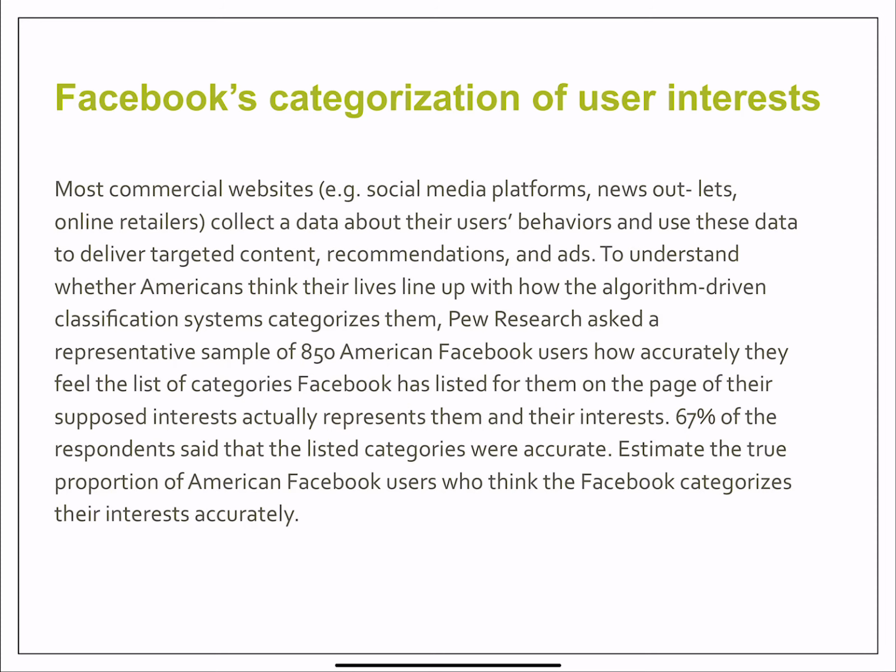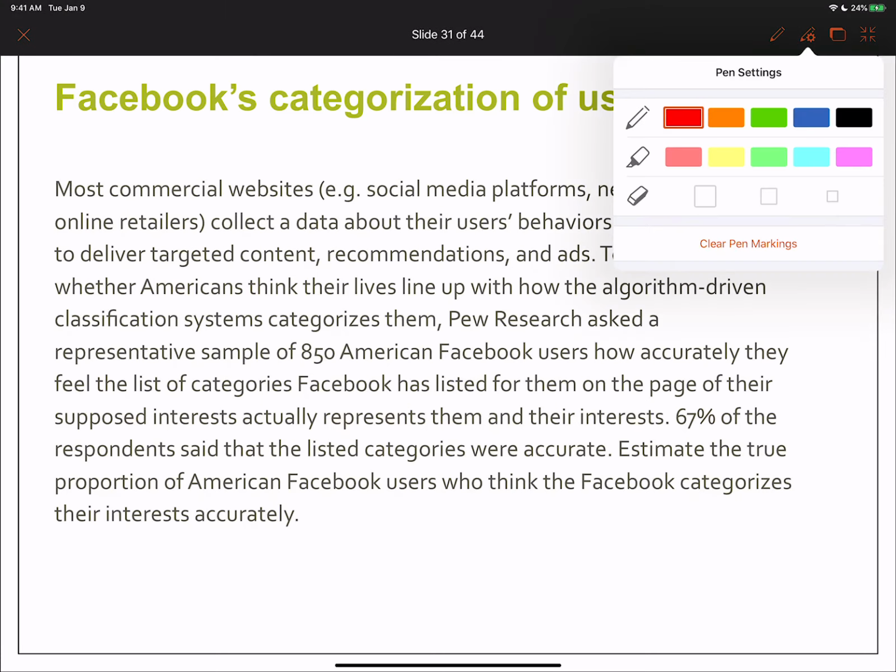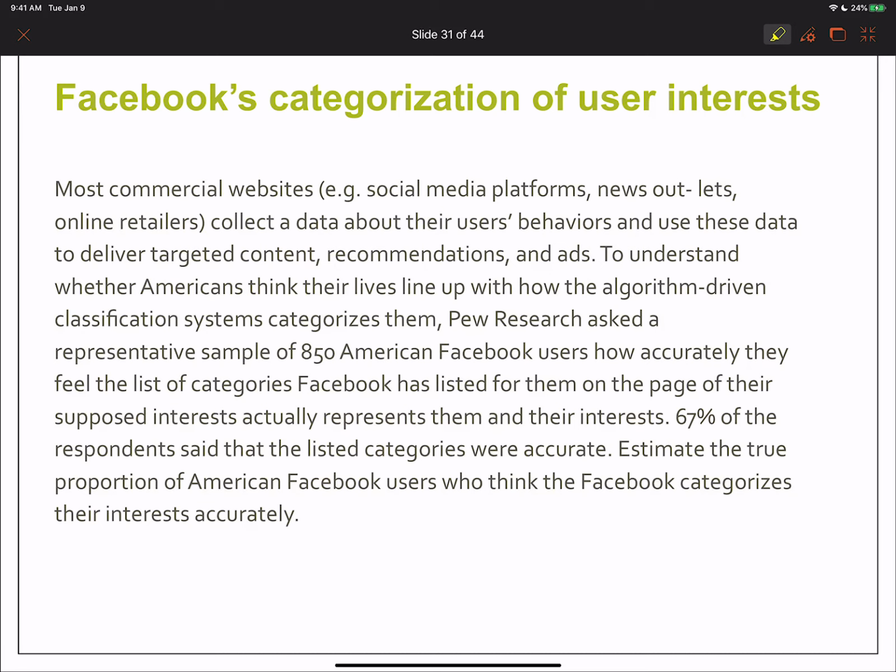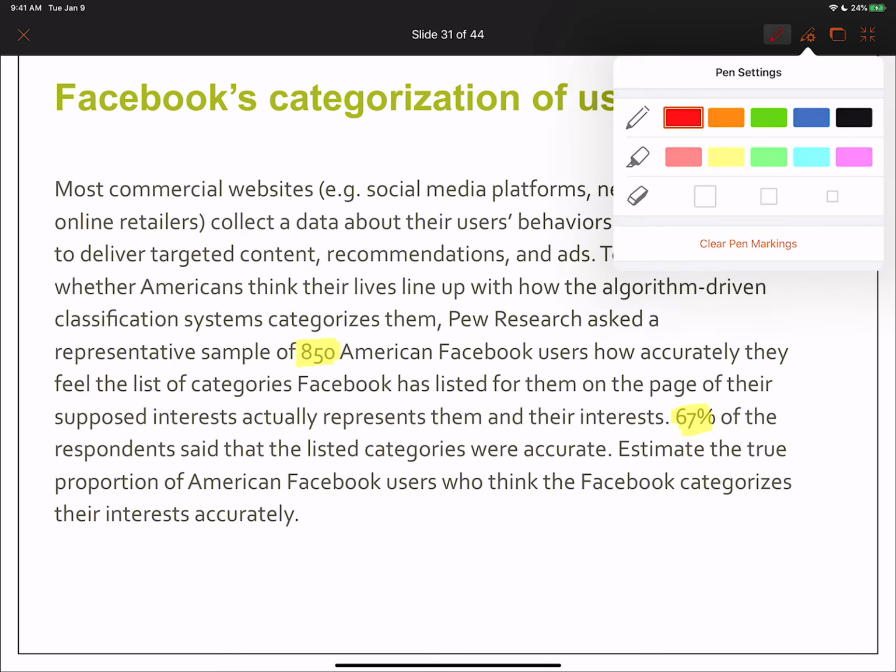So if we look at this example, a couple of things we can pick out. First, we did a survey. How many people did we survey? 850 people. Of those 850 people, how many said that they feel like the things were accurate? 67% said they feel like the things were accurate.